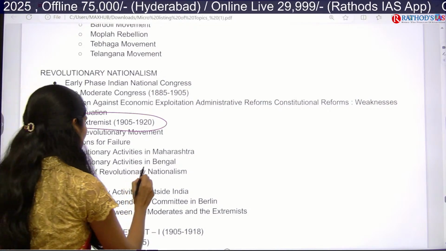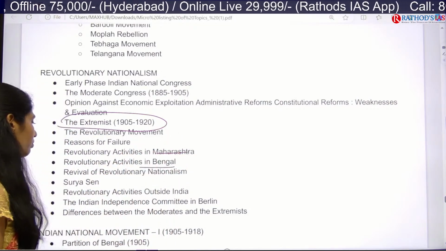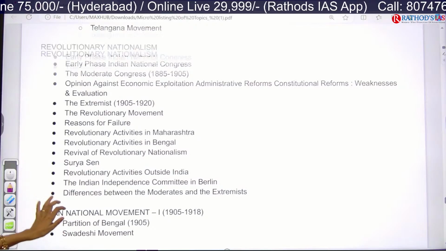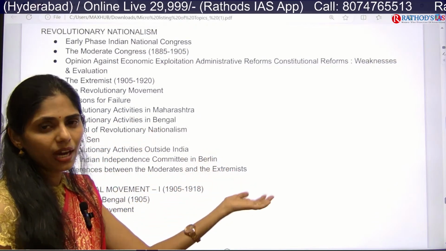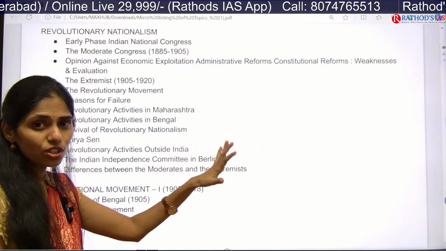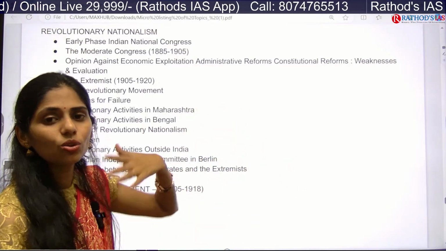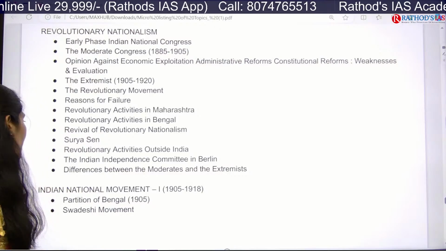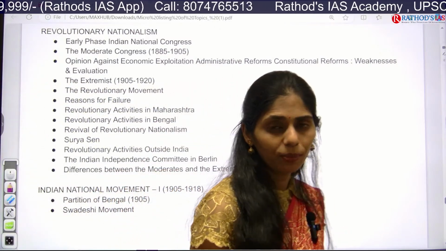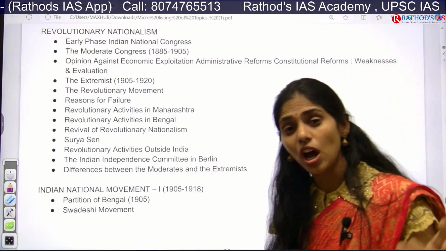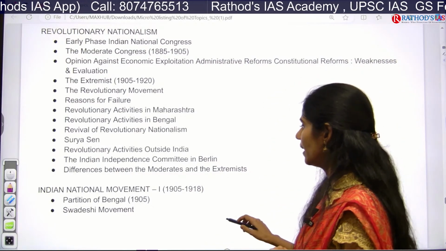You have to see what those are. Not only that, revolutionary activity also used to happen outside of India, so you have to see those as well, and how those activities impacted the Indian national struggle, directly or indirectly.